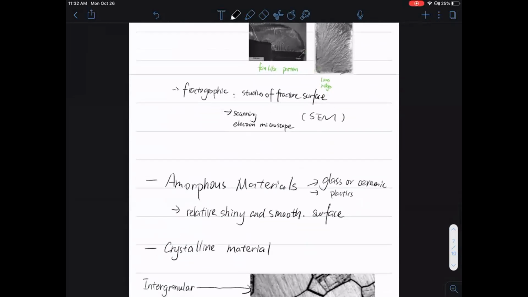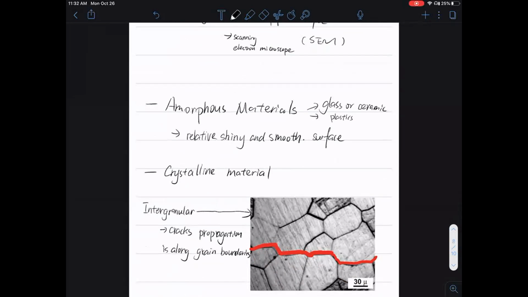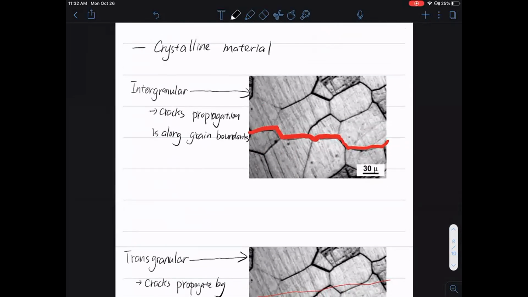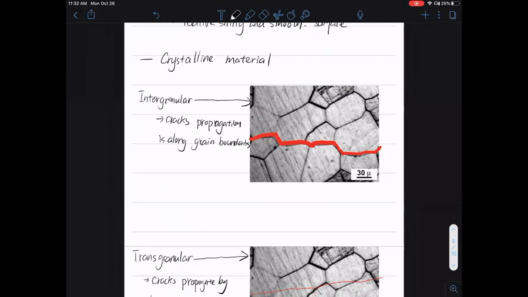For amorphous material, such as glass or other ceramics, we can have a very smooth and shiny surface. For crystalline materials, the fracture can occur along the grain boundaries. That's called intergranular. And I hope you memorize that. That's a term you must memorize. What does that mean?